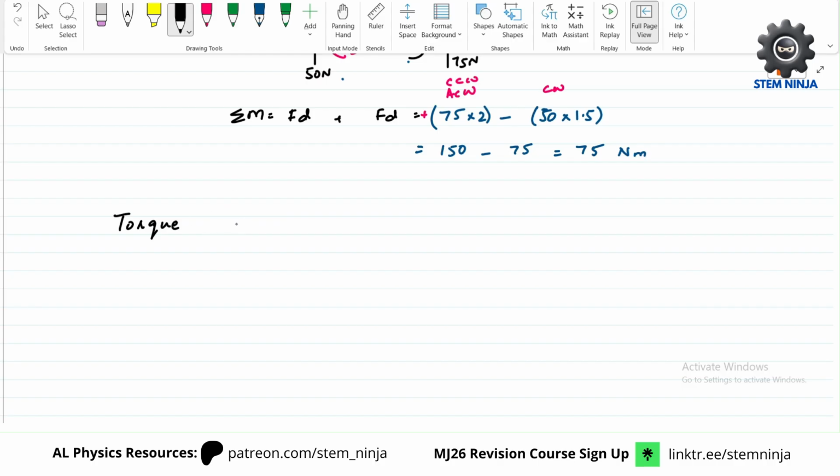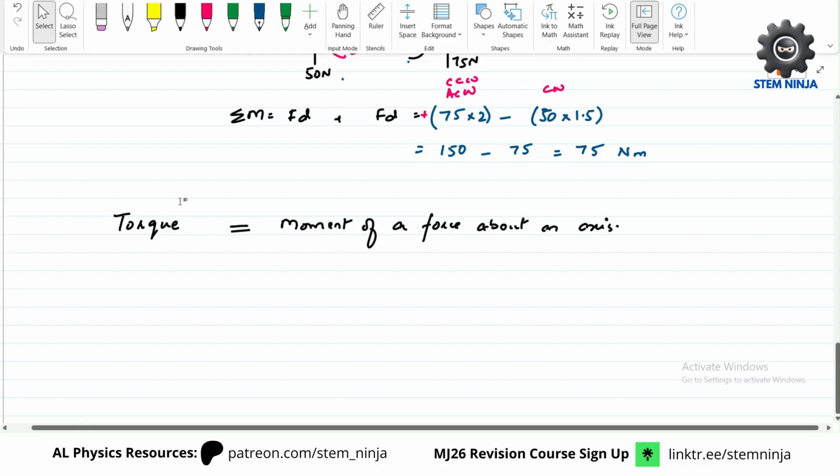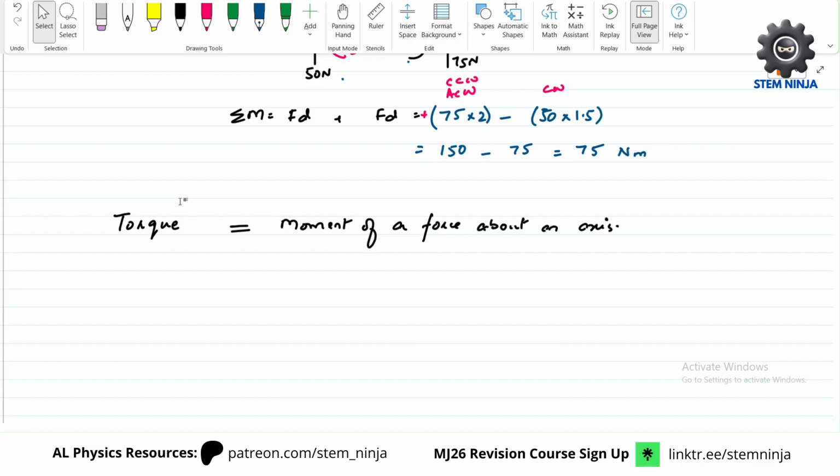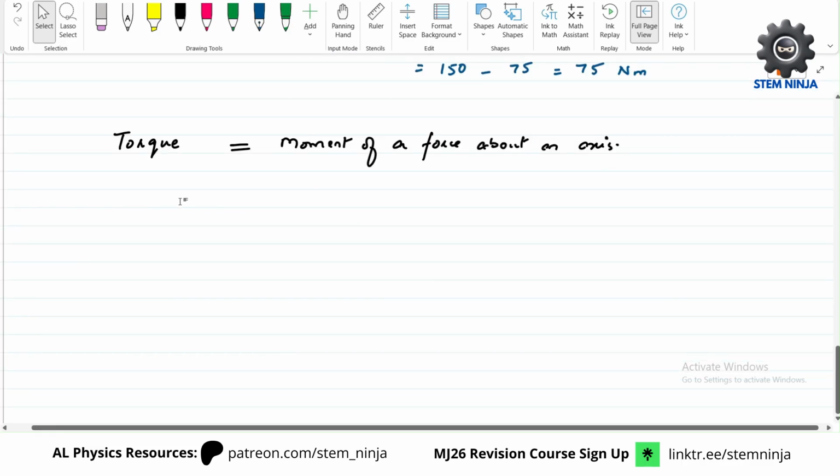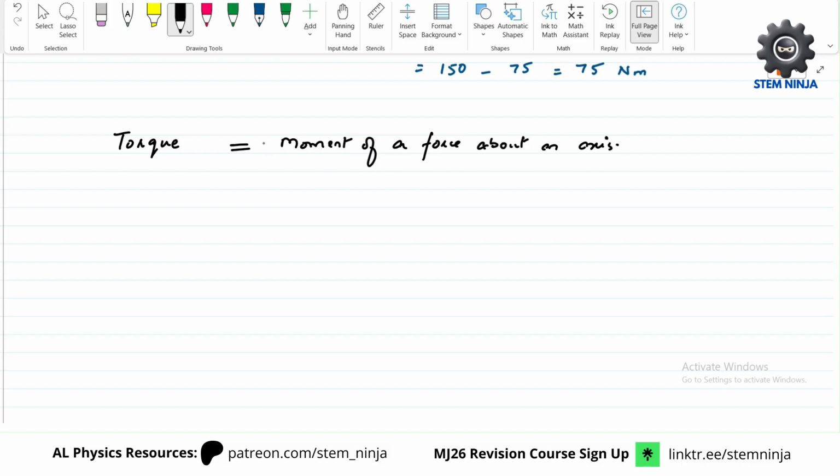So torque basically also means moment. So if a question says torque of a force about an axis, that basically means the moment of a force about an axis. However, we generally use torque instead of moment for couples.